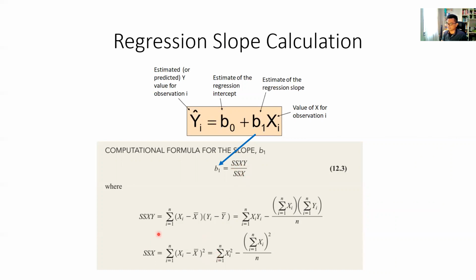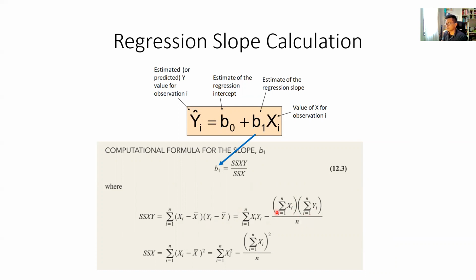We will have the ssxy using this formula, which is a summation of multiplications between the independent variable and the dependent variable, minus the summation of the independent variable multiplied by the summation of dependent variables, divided by the number of data.